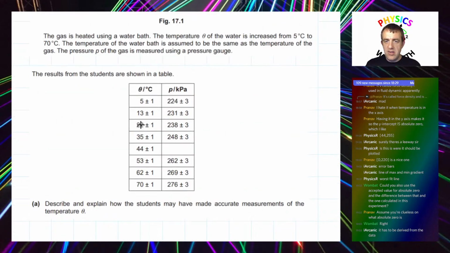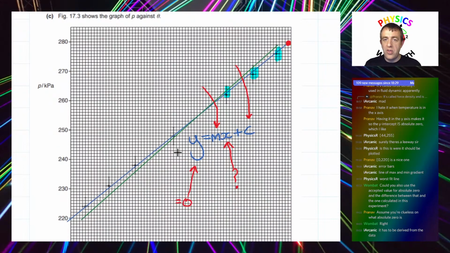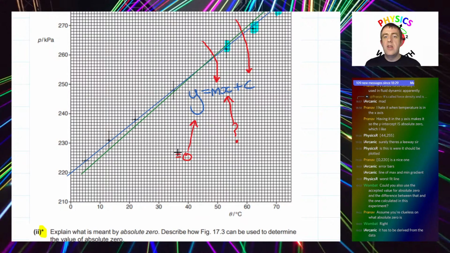And that's what happens if you heat up this water too quickly. You haven't allowed the temperature of the gas to get up to the same temperature as the water before you measure the temperature of the gas or the water. All the water temperatures are too high. If all the water temperatures are too high, or the gas temperatures seem a little bit too low, the whole line is shifted. I think I've got that right the right way round, but I've overran, so if I'm wrong, feel free to correct me in the comments.